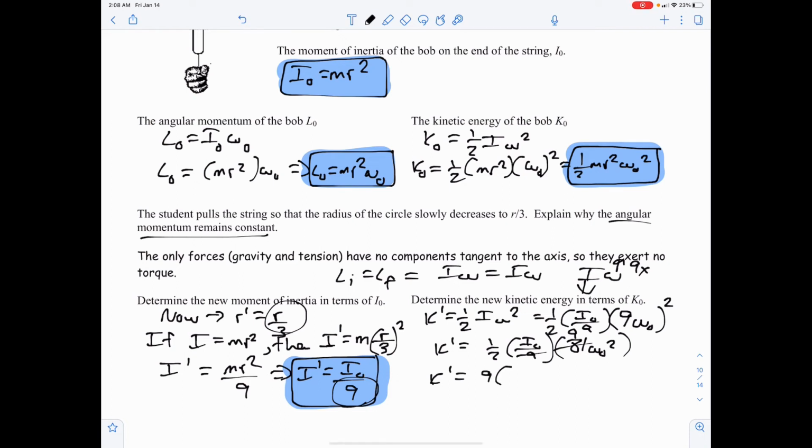It's 9 times 1/2 I naught omega naught squared. And that was the original kinetic energy that you had over here, because I naught was mr squared. So that means the new kinetic energy is 9 times K naught. The kinetic energy went up by 9.